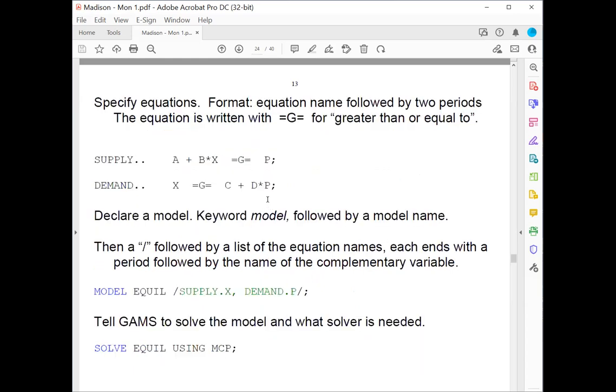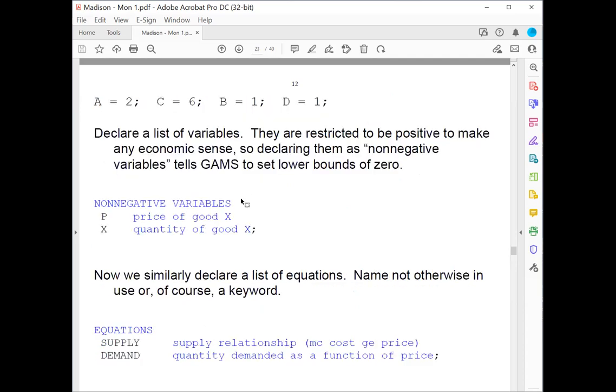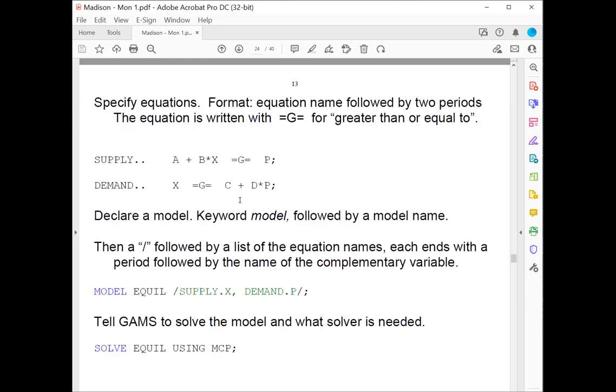Those are the 2 equations written in the correct direction. Supply can be strictly, demand, marginal cost can be strictly greater than price in equilibrium, and supply can be strictly greater than demand in equilibrium.